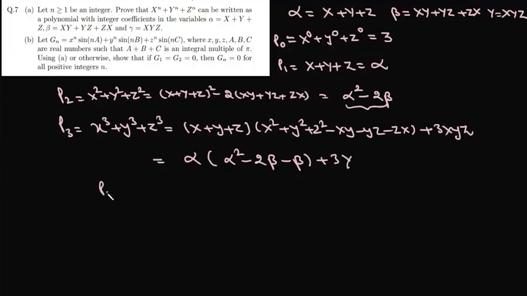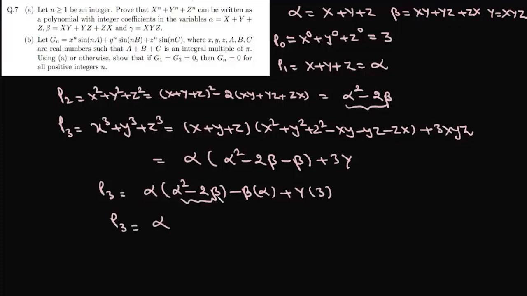Now we can write this p3 as alpha into alpha square minus 2 beta minus beta into alpha plus gamma into 3. So this p3 will be alpha into p2, minus beta into p1, where alpha is p1, and plus gamma into p0.